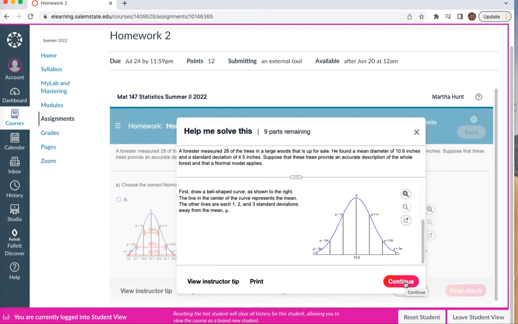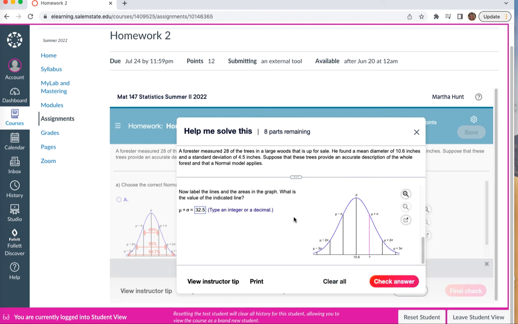Then it draws a picture for you with just the mean located on the diagram, and then it shows the picture of 1, 2, and 3 standard deviations on each side. And then it asks you to add the mean and standard deviation together and to type an answer.